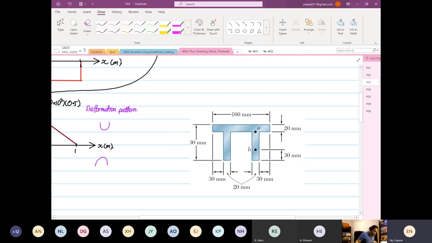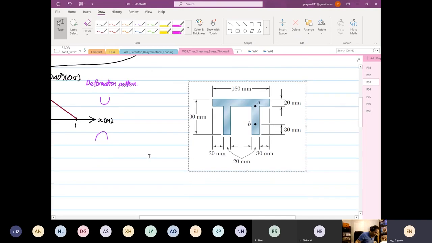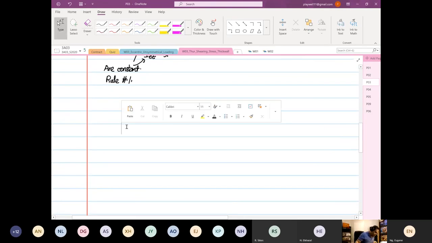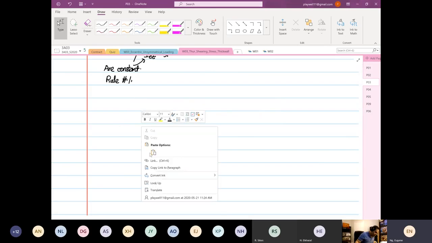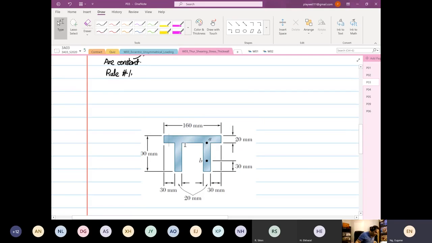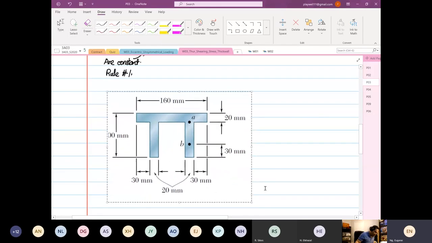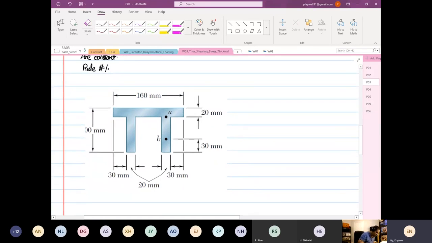Okay, so I'm going to take this diagram now. The next thing that you have to do is find the second moment of area. So we have this diagram. I'm not going to do it, because I believe you are really expert on second moment.